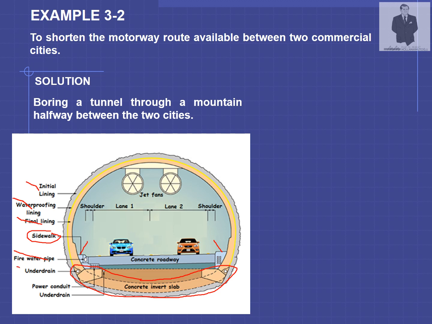And the drain, this is also available on both sides, as you see here and here. This is for the drainage of water that may accumulate in the tunnel. And the power conduit. This is for the lighting of the tunnel.